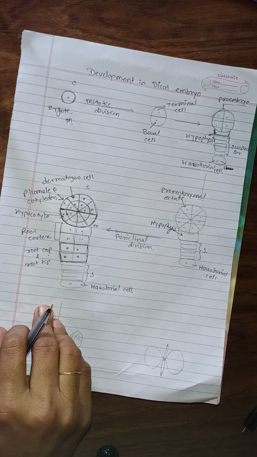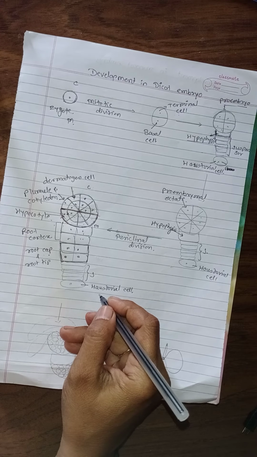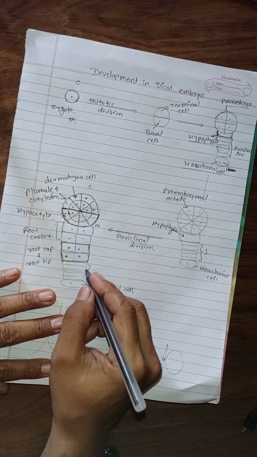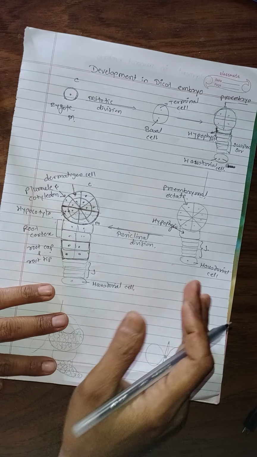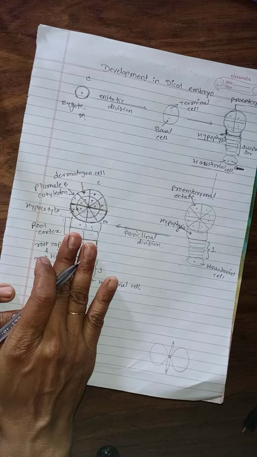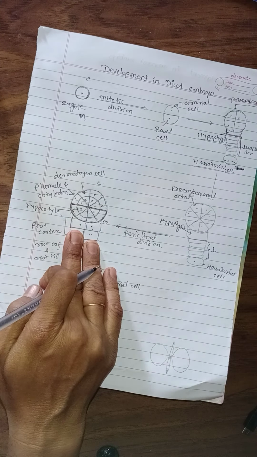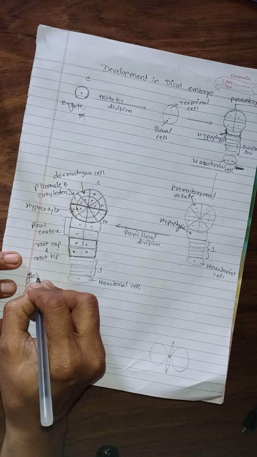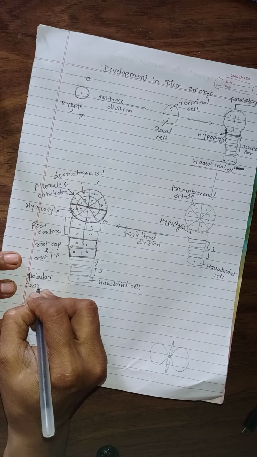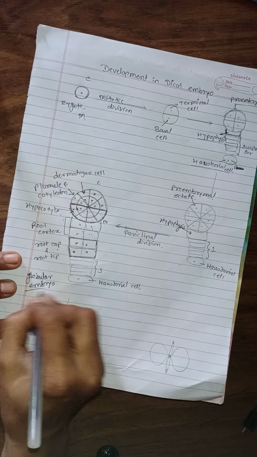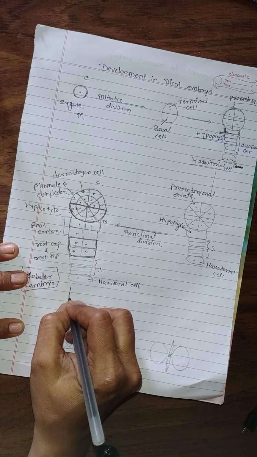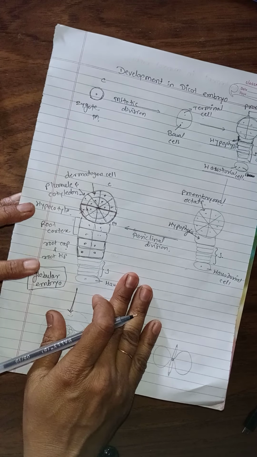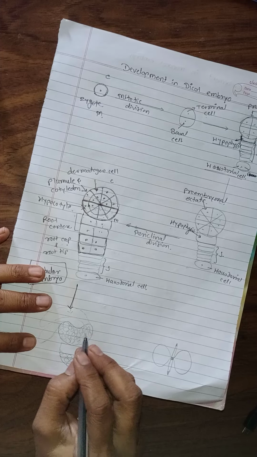Then these suspensor cells and haustorial cells degenerate. Then this whole embryonal structure is known as globular embryo. This globular embryo changes its shape, and it becomes heart shape.